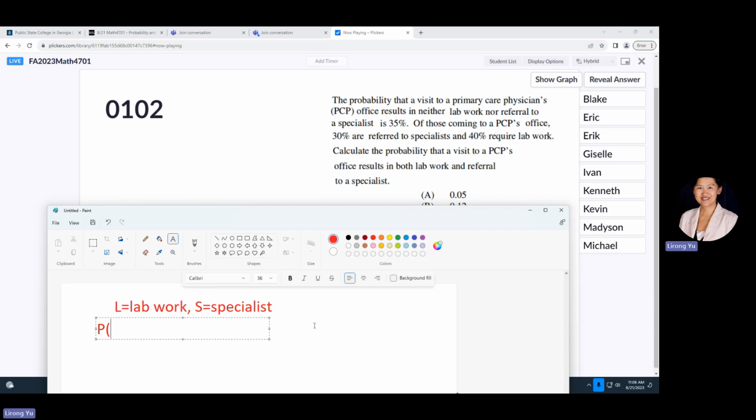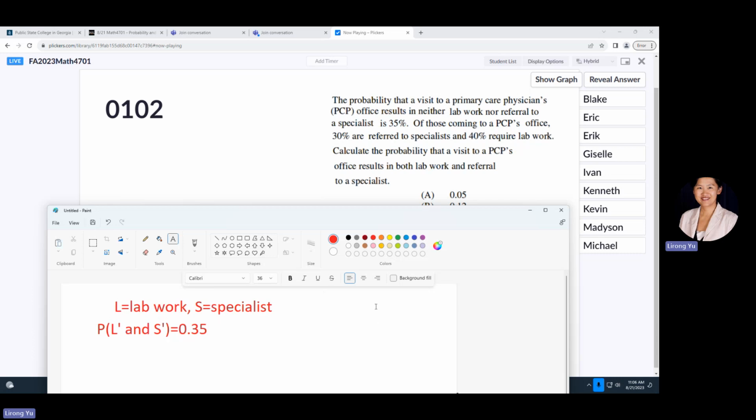So you might write not lab work, L prime, and not a specialist, S prime, or you can write S C, but on the keyboard it's easier just to write prime for the complement. This has a probability of 0.35, 35%.